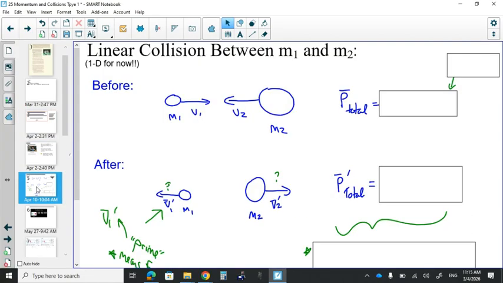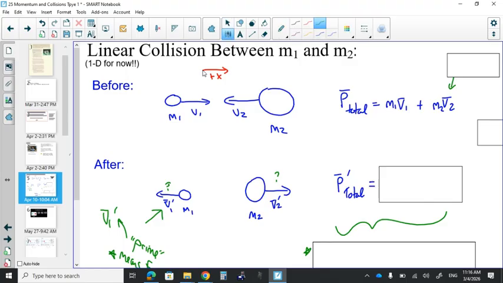Okay. All right. So linear collisions between mass 1 and mass 2. Looking at this situation here, we've got mass 2 coming in from the right, traveling left. Mass 1 coming in from the other side, traveling to the right. So we might designate, say, to the right as our positive x direction. In which case, the initial momentum, we'll just label with P, so you can tell that's initial.